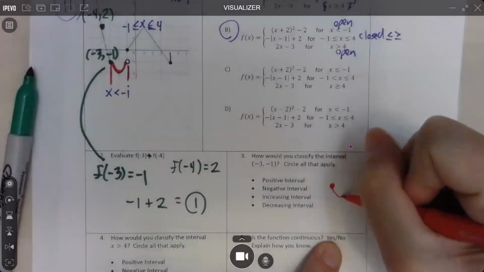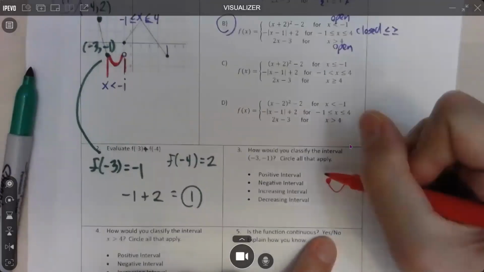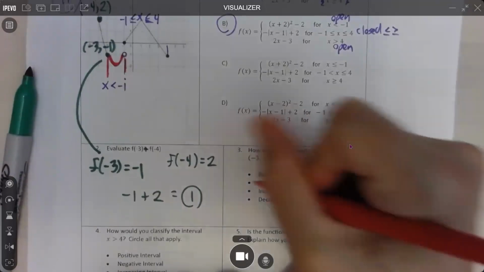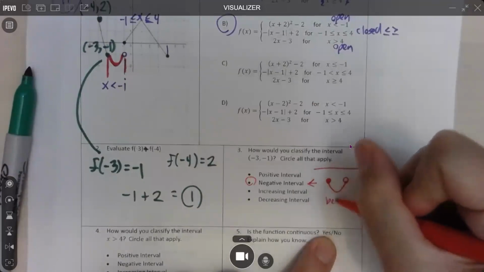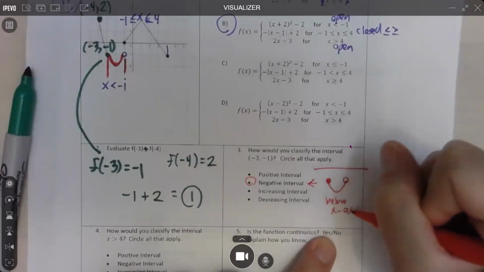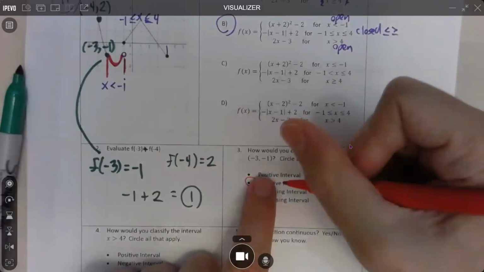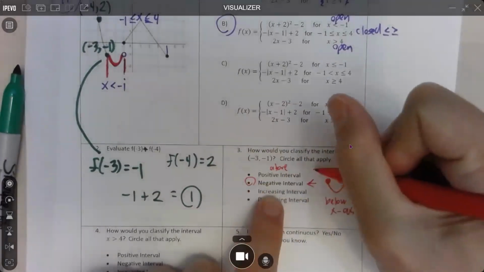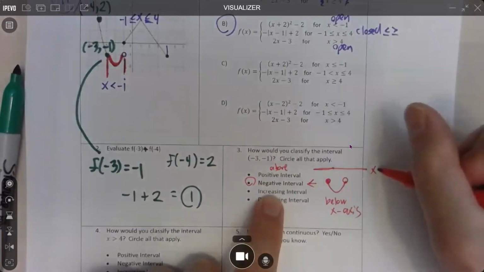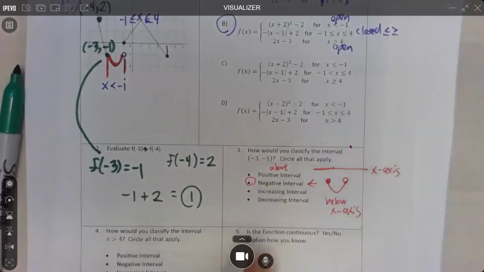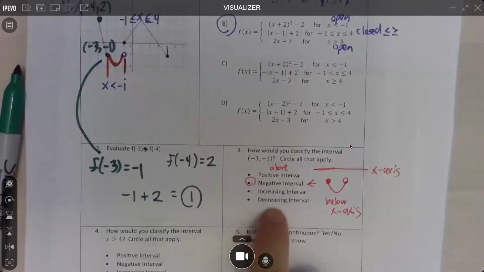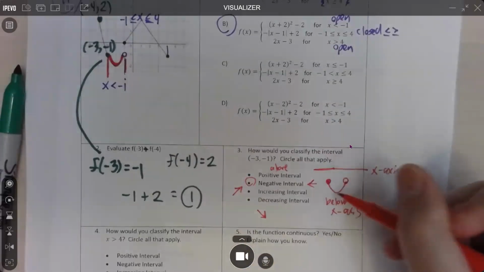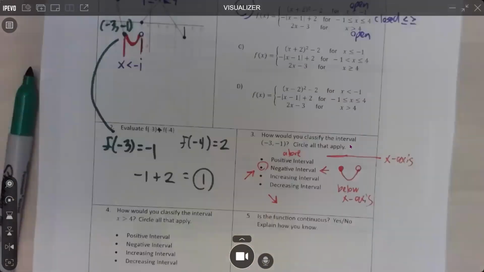So the best you can do on that one is to say, since it's below the x-axis, it's going to be negative. And I'm just going to write below x-axis. Remember, positive is above the x-axis, negative is below the x-axis, and here's the x-axis. Decreasing is going down as it goes to the right, and increasing is going up as it goes to the right. And since this does both, it can be neither one of those.